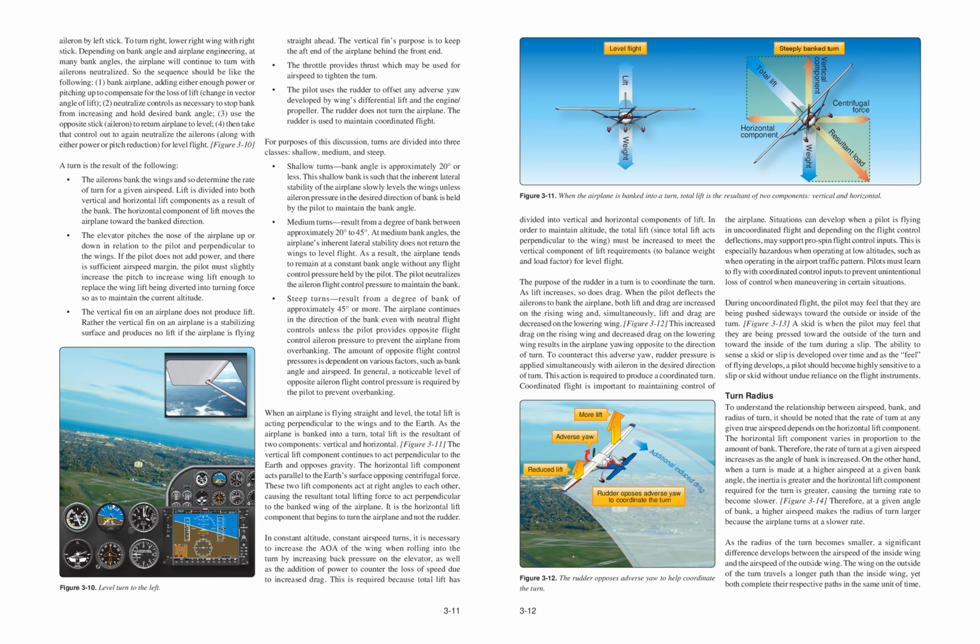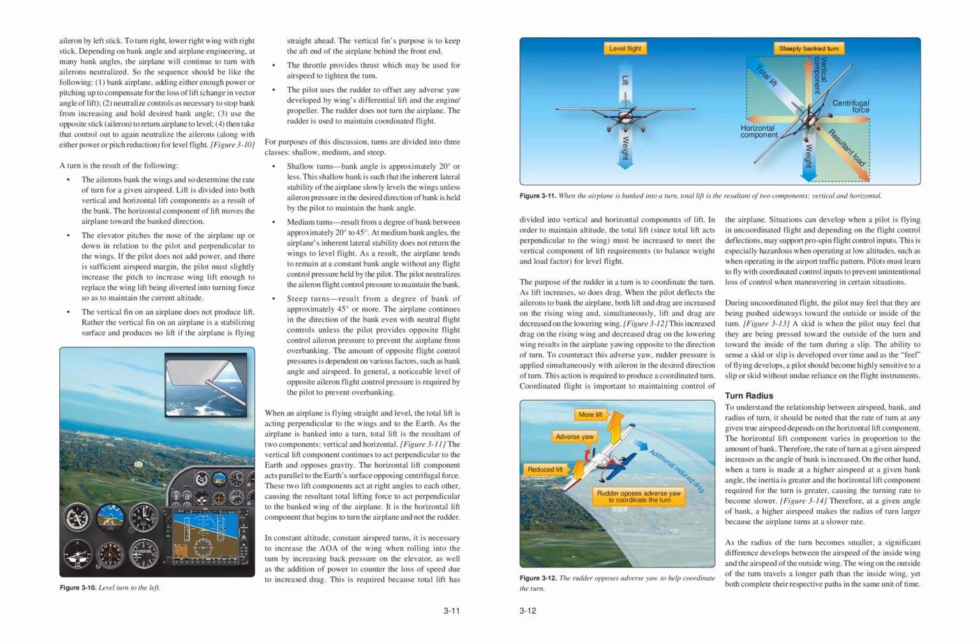In order to maintain altitude, the total lift, since total lift acts perpendicular to the wing, must be increased to meet the vertical component of lift requirements, to balance weight and load factor, for level flight. The purpose of the rudder in a turn is to coordinate the turn. As lift increases, so does drag. When the pilot deflects the ailerons to bank the airplane, both lift and drag are increased on the rising wing and, simultaneously, lift and drag are decreased on the lowering wing.